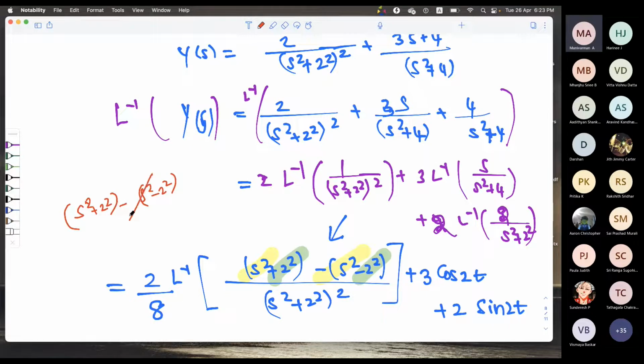This s square will get cancelled. 2 square is 4, plus 4, 8, right? The numerator here is 8. So that 8 will be divided here: 1 by 8 of this 8. So this 8 and 8 will get cancelled. So the remaining is L inverse of 2 upon s square plus 2 square. The same portions only in the numerator we are going to get. Am I right?